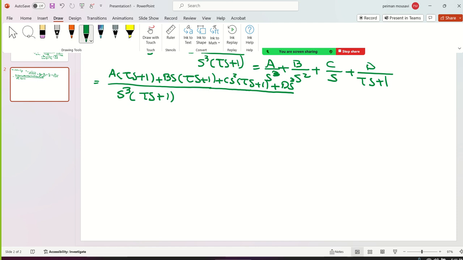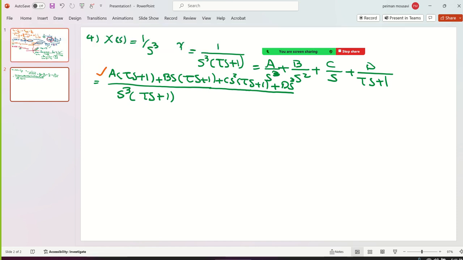The numerators are equal, so this numerator is going to equal 1. So if you write it here, you're going to have s cubed: c tau plus d. Now s squared: b tau plus c.